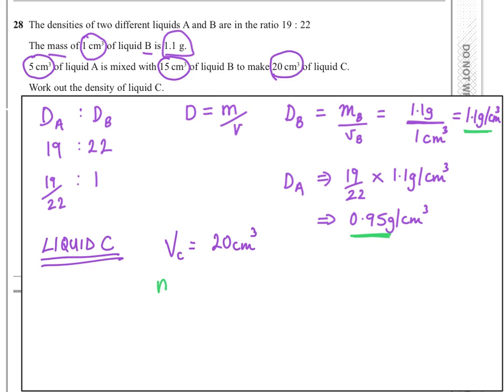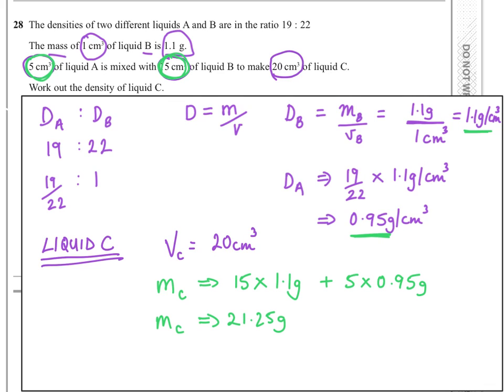So I can say that the mass of liquid C will be made up of 15 lots of the 1.1 grams, because it says it here, 15 centimetre cubes worth, plus 5 centimetre cubes worth of the other liquid A. So I'll do that on my calculator. So that's 15 times 1.1 plus 5 times 0.95, and that gives me the mass of liquid C of 21.25 grams.